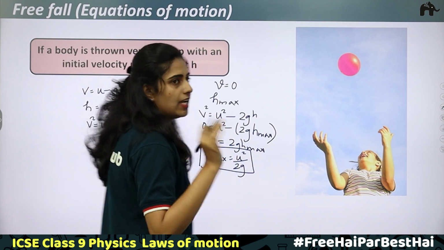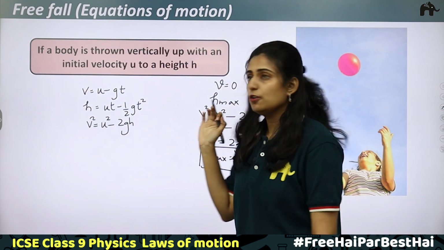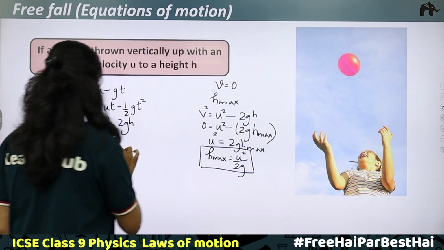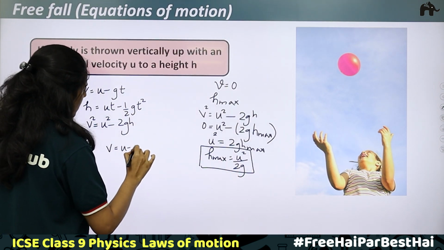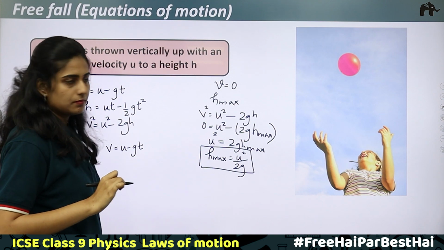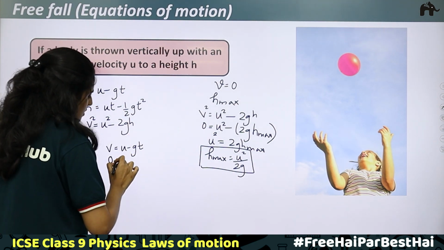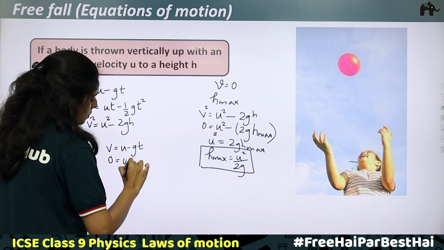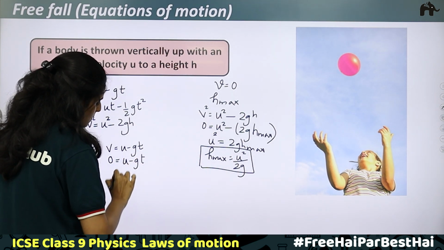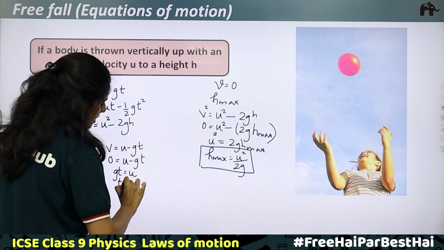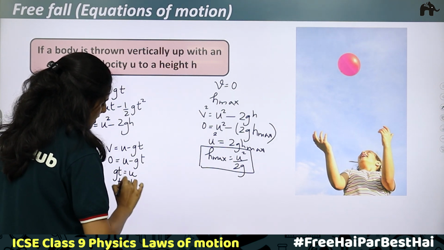Now what is the time taken to reach that height? To find that time, take the first equation. V is equal to u minus gt. Okay, v becomes 0 at the maximum height. 0 is equal to u minus gt, which means gt is equal to u and t is equal to u divided by g.